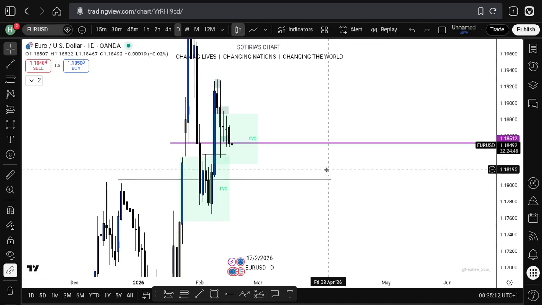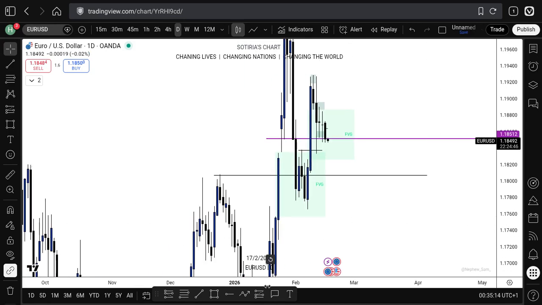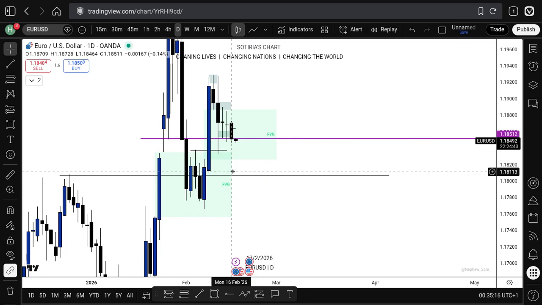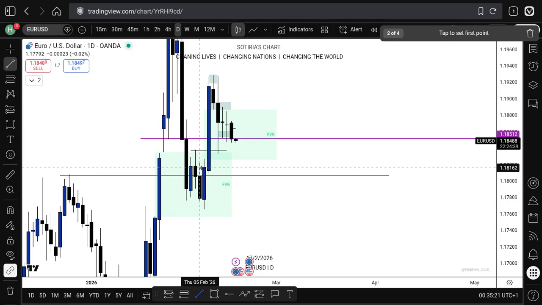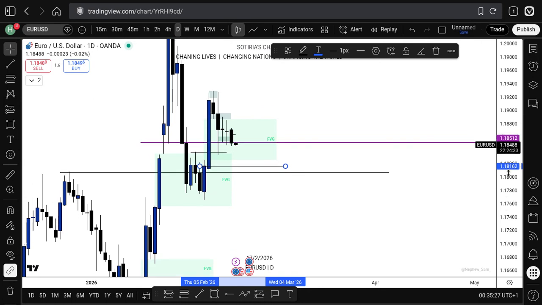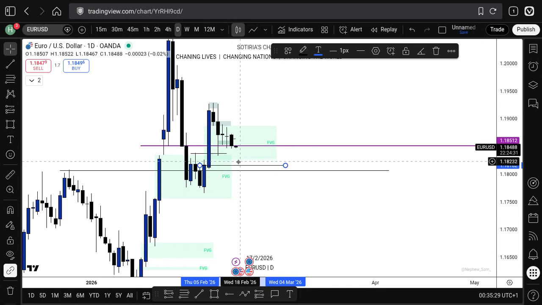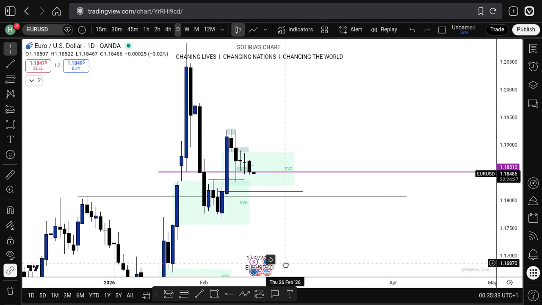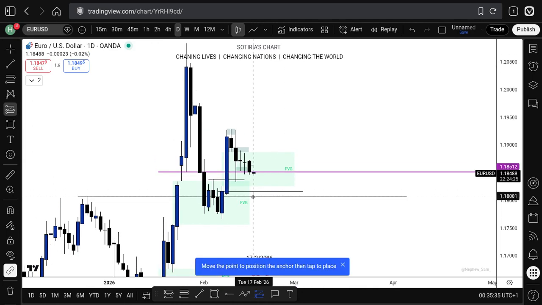Now that being said, if we want to enter directly from the daily time frame, following our weekly engulfing, we can move over from this level right here and go bullish all the way.